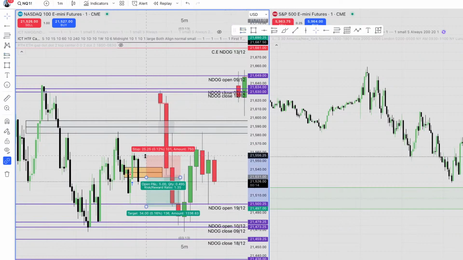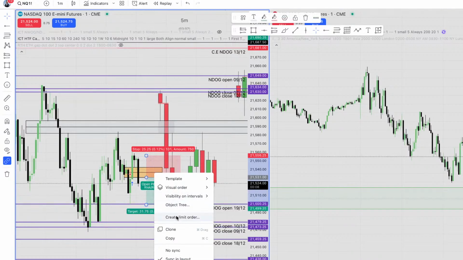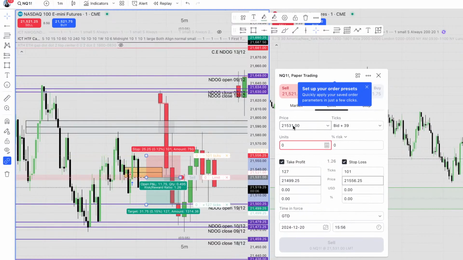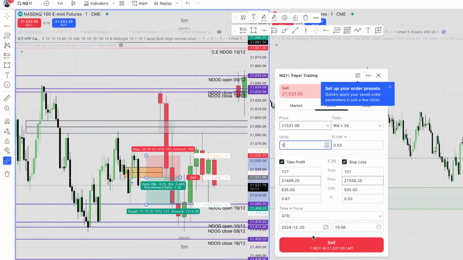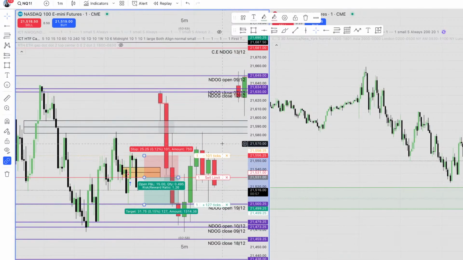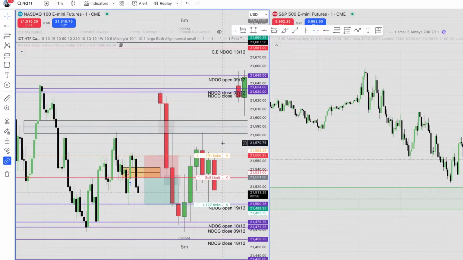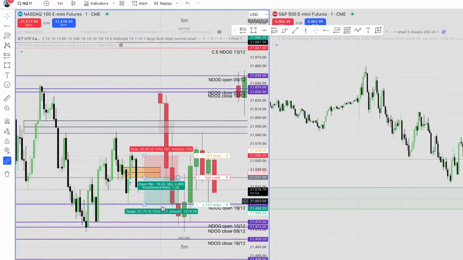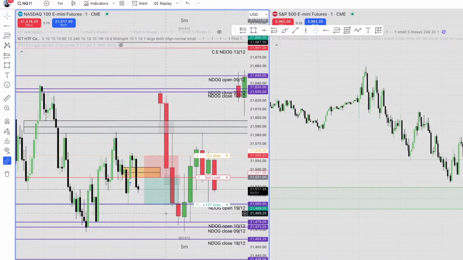Look, yes. I'm in again. I know this is going lower. I know that. I have an inversion, and I put my stop loss above this order block.